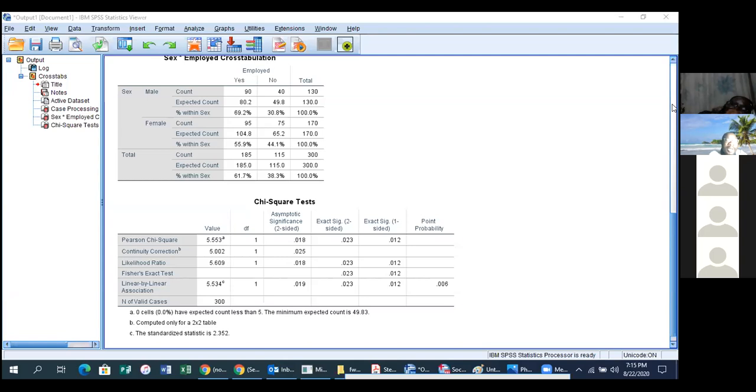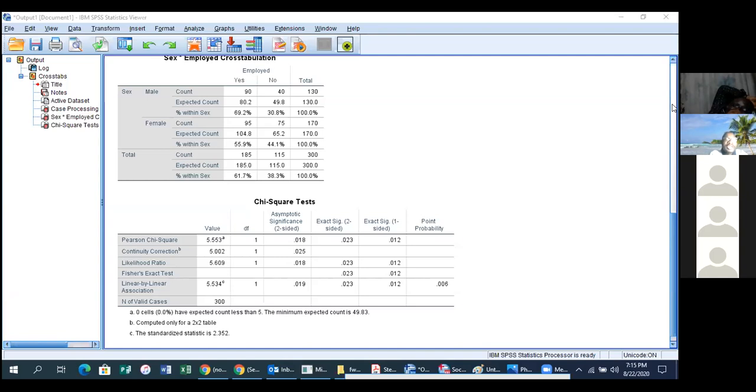And 104.8 female employed. Now, the percentage you are seeing here is along the row, because we put the exposure, sex, along the row and the employment along the column. We now say give us percentage along the row. That is how you interpret your result.